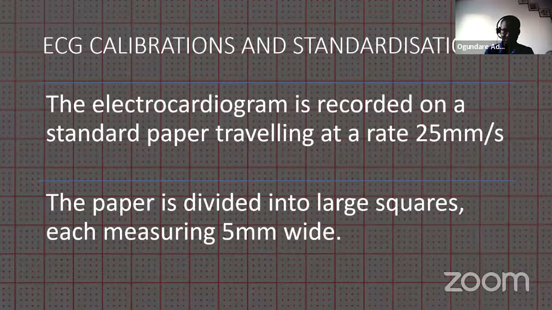So if you are traveling 25 millimeter in a second, and a large box is 5 millimeter, then by implication you are traveling 5 boxes in a second. So how many seconds will it take to travel a single large box, 5 millimeter wide? Okay, someone said 0.2 seconds. Any other person?